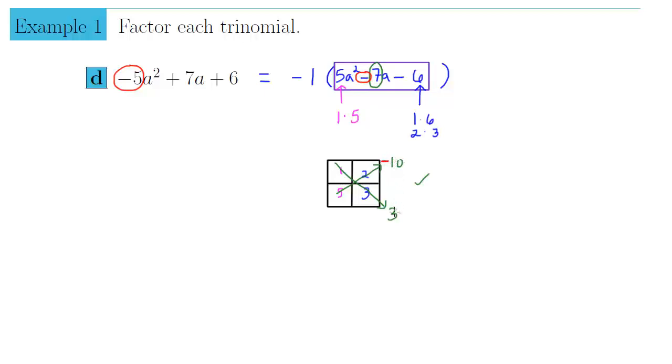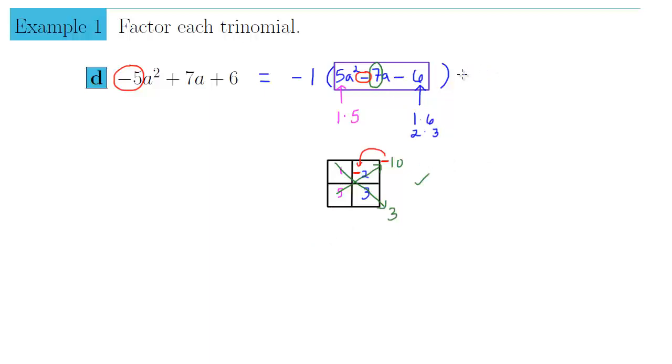Negative 10 and 3 combine to negative 7. But if you make this 10 negative, then that comes back inside here and changes the 2 to a negative. 5 times negative 2 is negative 10. Our C value checks out: negative 2 times 3 is negative 6. So everything is good. This is the box that gives us our final answer.